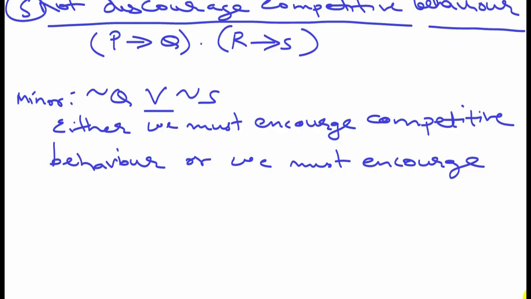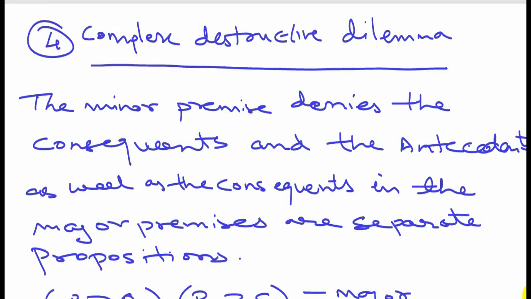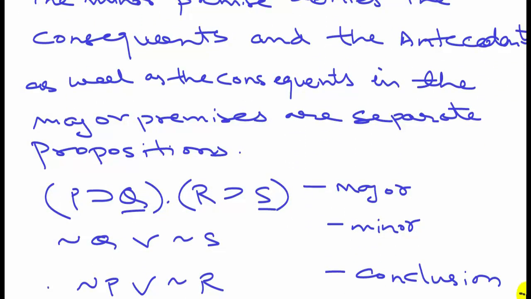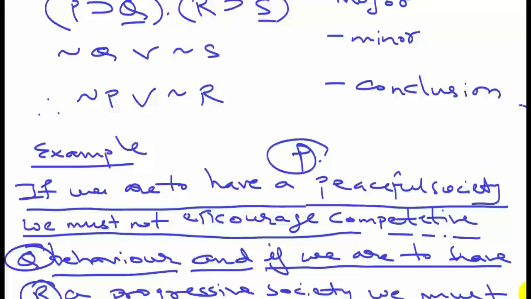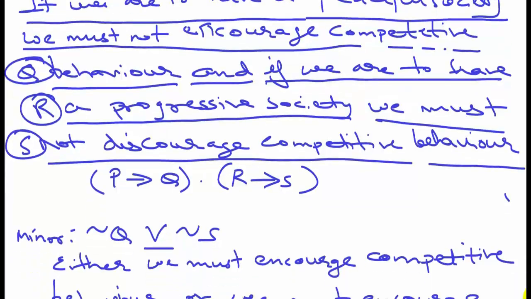So here the first one, if you read the statement again, it says we must not encourage competitive behavior, whereas here it says we must not discourage competitive behavior. So this will go reverse and it will say we must discourage it because we are denying it.